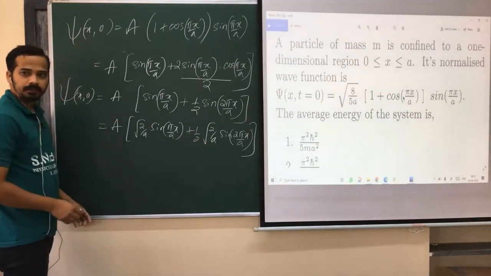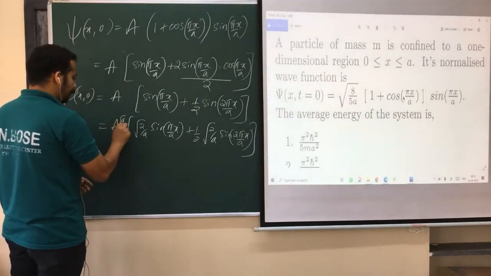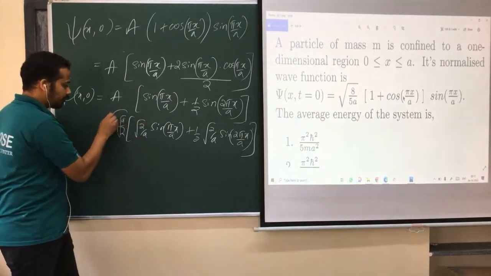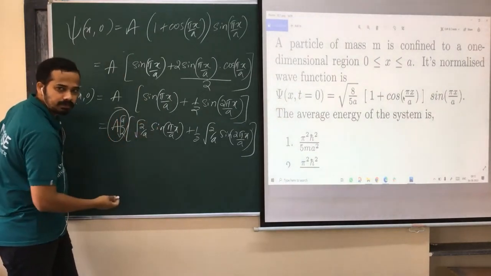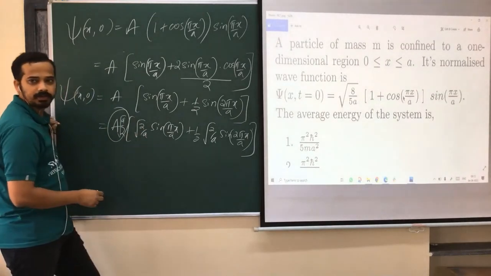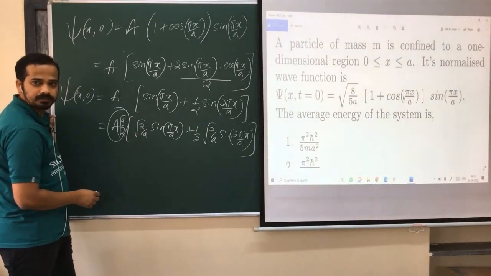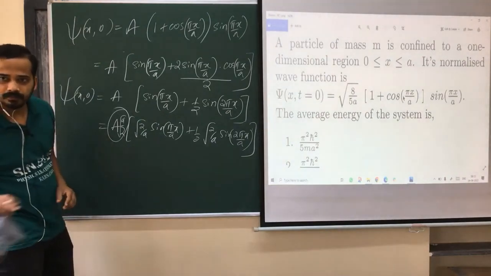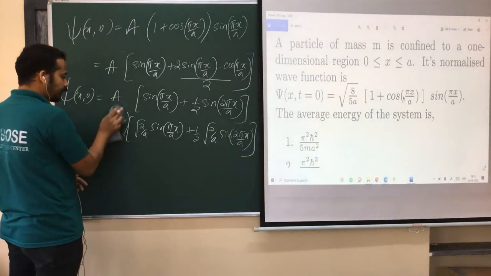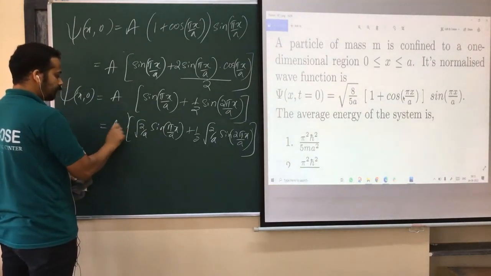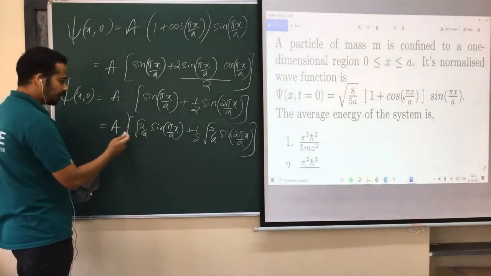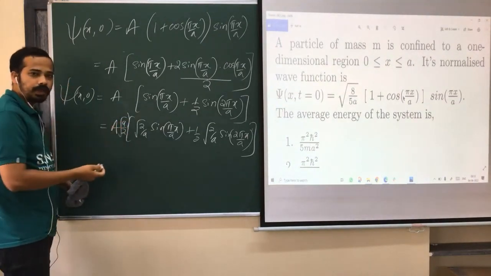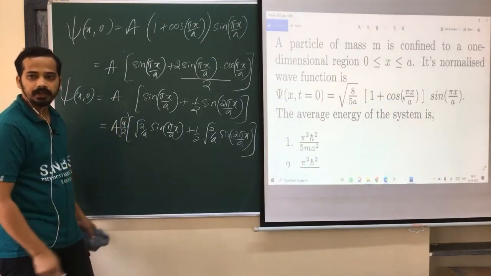Or if you multiply by root of a by 2, to balance that one, club these two terms and take it as another constant. Anyway, you are going to find it by normalization. Either you multiply the whole thing by one constant, keeping a as it is, or whatever balancing factor such as a by 2 you get, you absorb that into a and write it as a dash, or a prime.